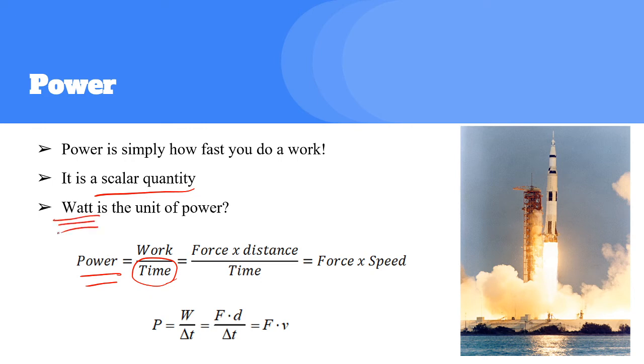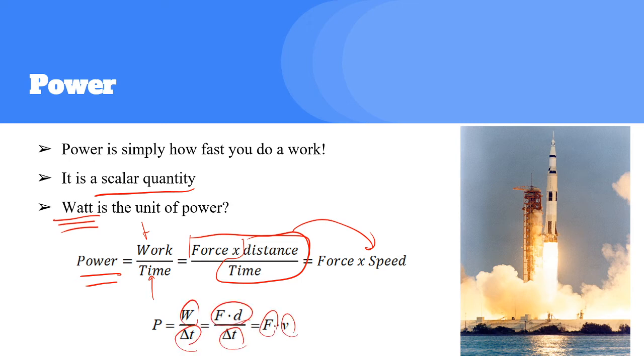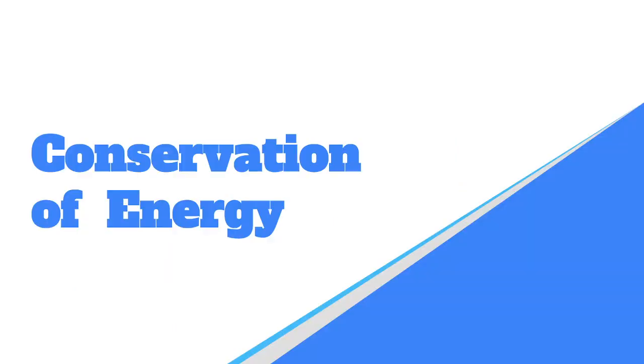And watts is the unit of power. And once you reconsider work and time, work can be written as force times distance, and distance over time can be written as speed. So you have a couple of different forms of power. It's work over time, force times distance over time, or force times velocity or speed will also give you the power.